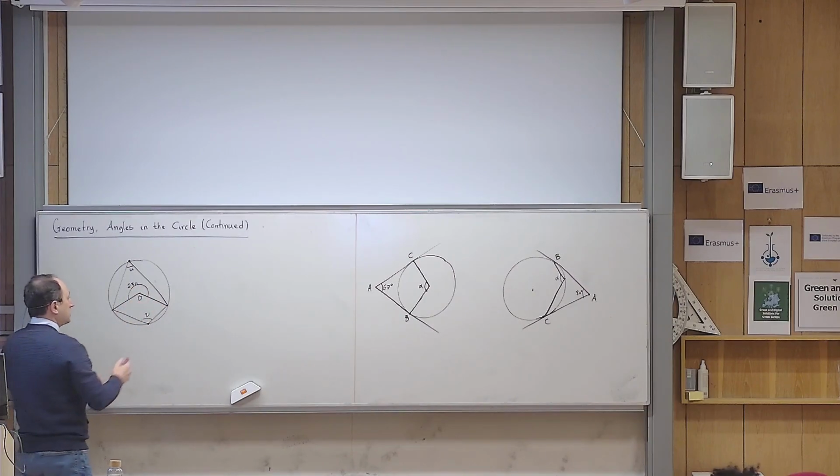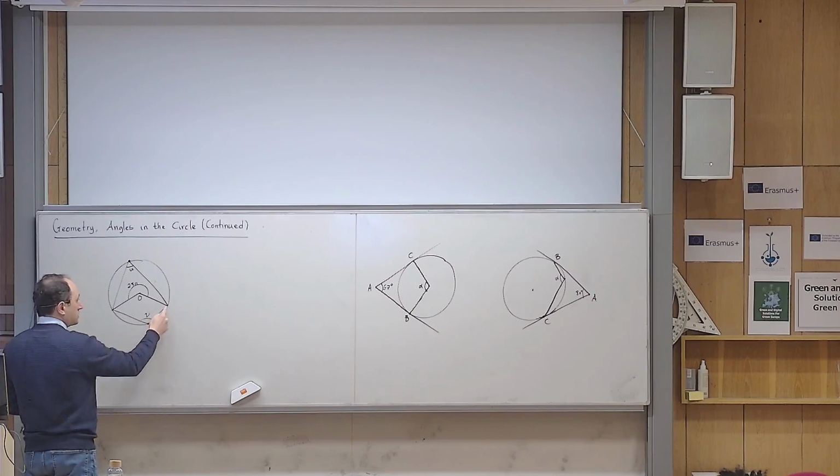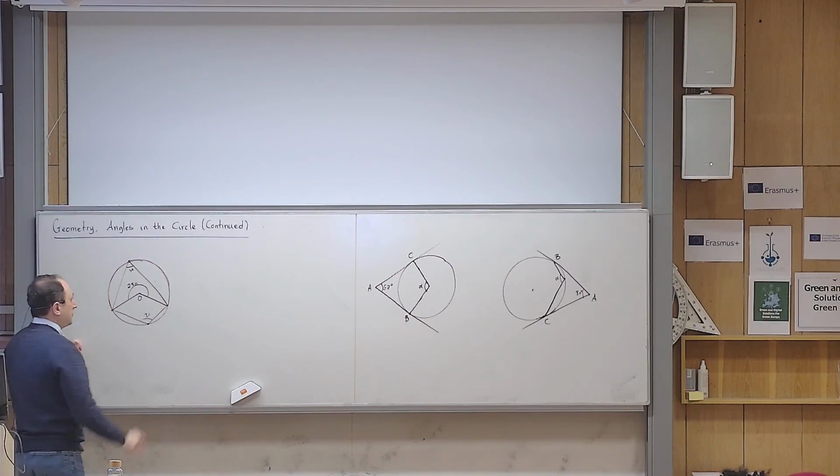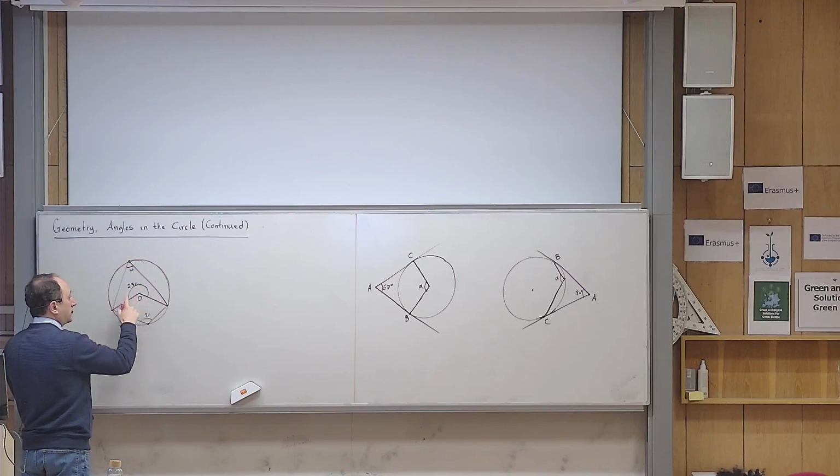If I ask you what is the arc subtended by the inscribed angle, in other words, what is the arc opposite to this angle, I hope you agree that this is the arc subtended by angle V. Agree? If I ask you the same question, what is the arc subtended by this central angle? It starts from here again to here.